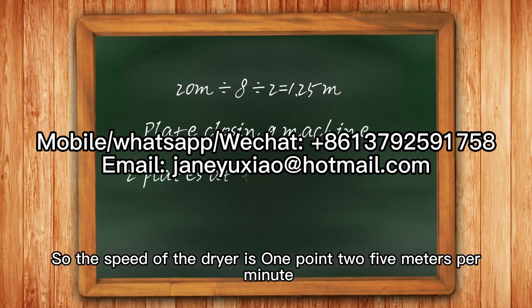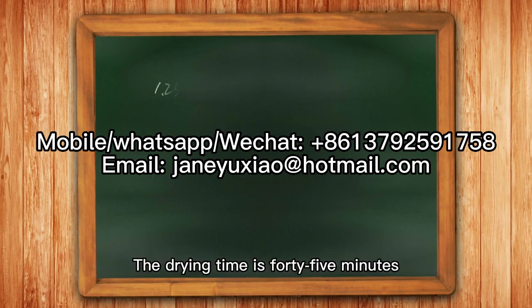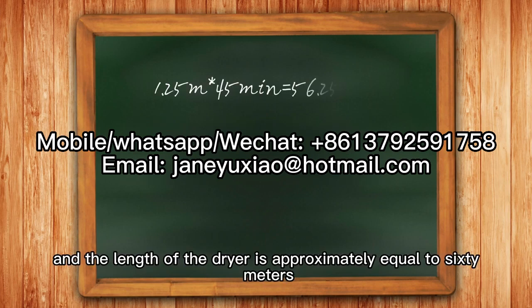So the speed of the dryer is 1.25 meters per minute. The drying time is 45 minutes, so the length of the dryer is approximately 60 meters.